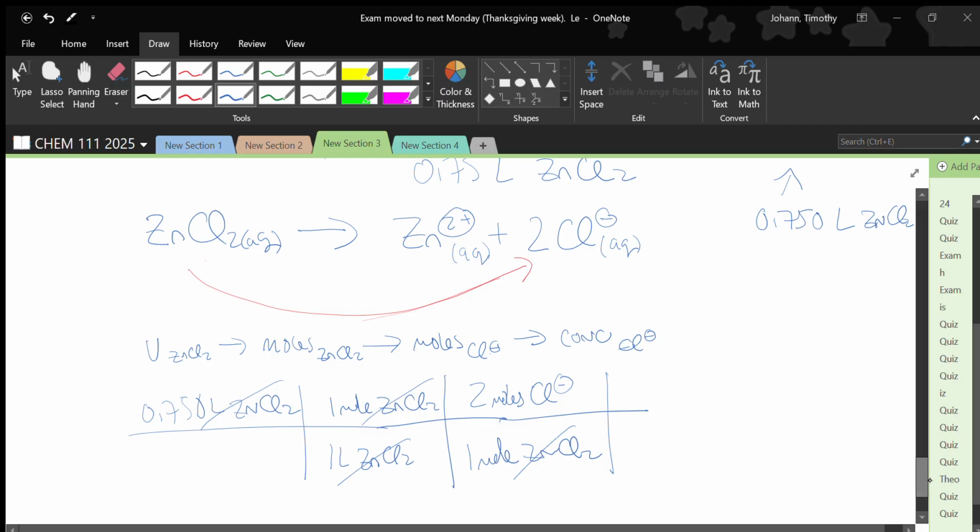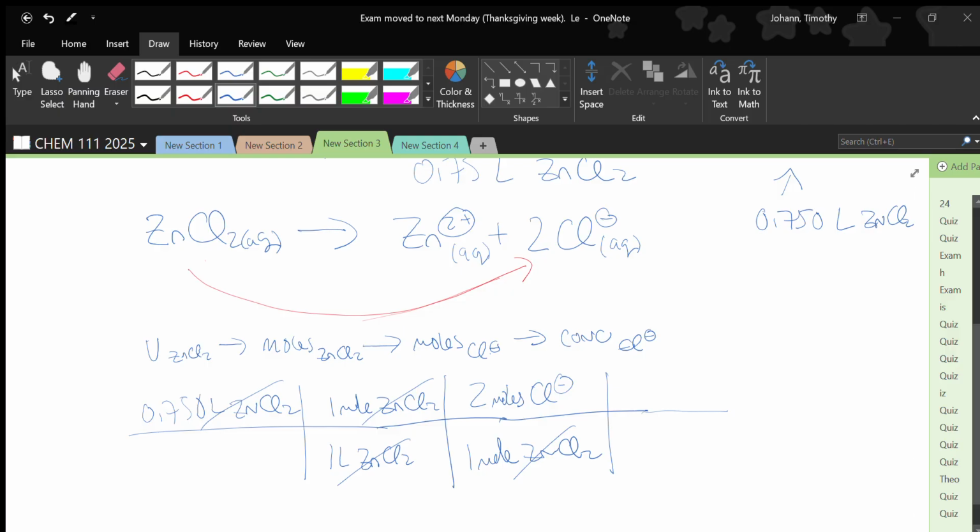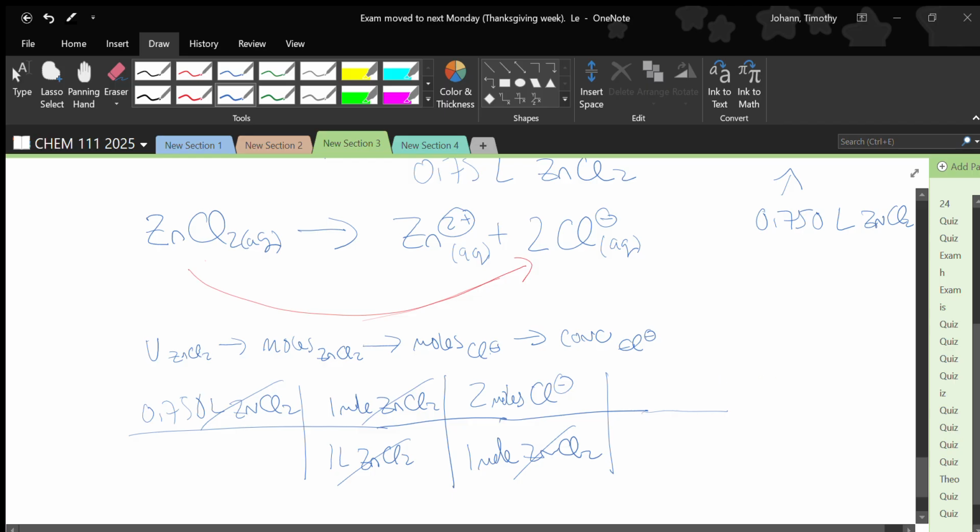And now what I need to do is I have moles of chloride ions. I need to turn it into a concentration, right? Here's a trick. I've got moles on the top, so if I divide by liters on the bottom, I'll have molarity, right? So I could spit out my moles and put it in my molarity equation, or I could just divide by liters. My liters hasn't changed. Nothing's happened here to add liquid. It doesn't say that liters have changed.